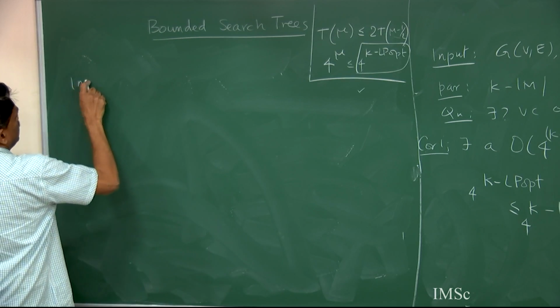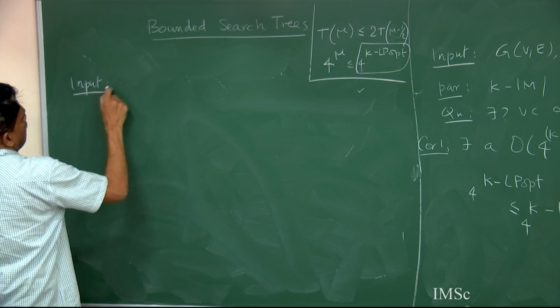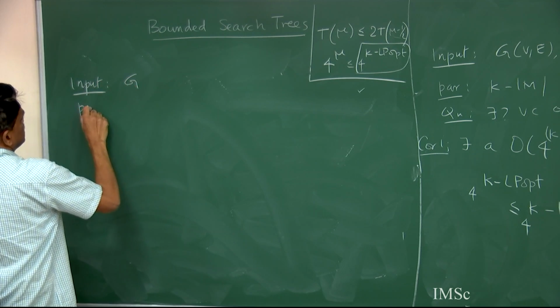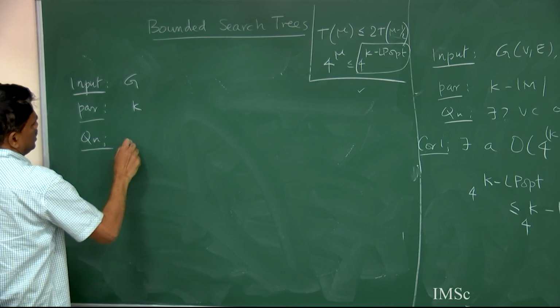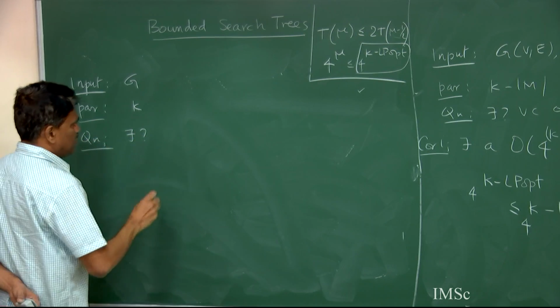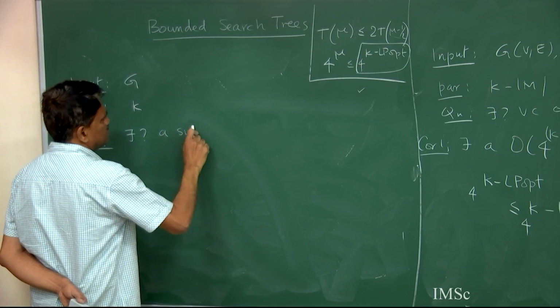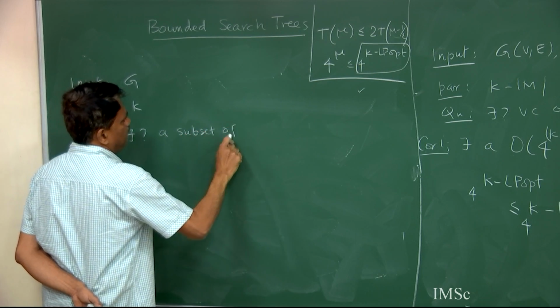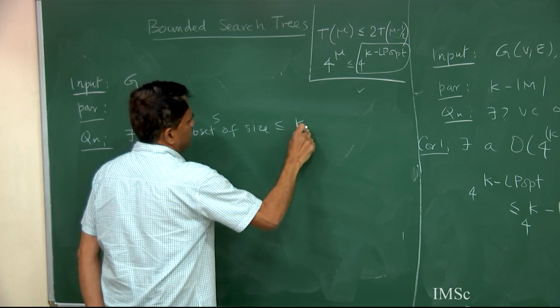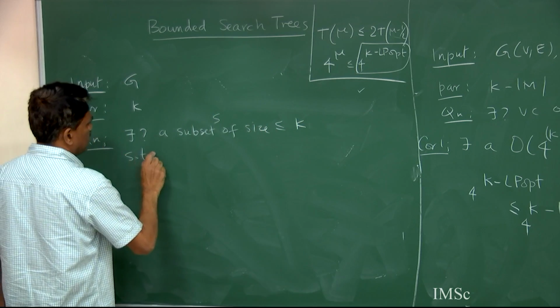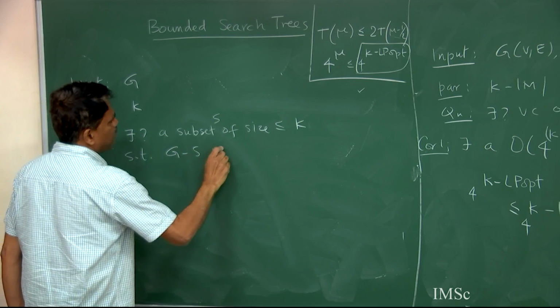Which is the following: input is G, parameter is k. The question is, does there exist a subset S of size at most k such that G minus S is bipartite?